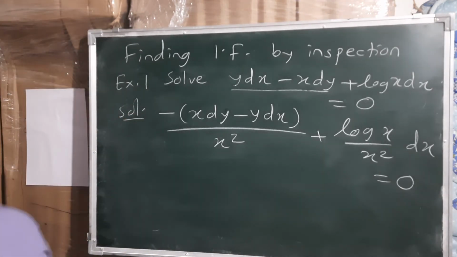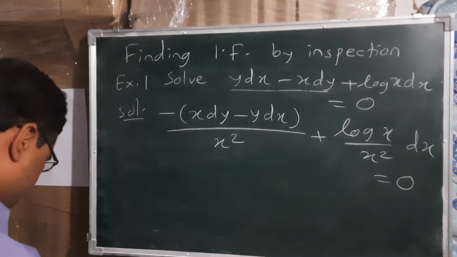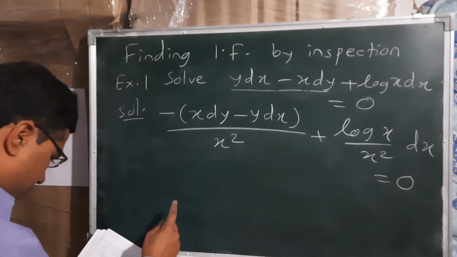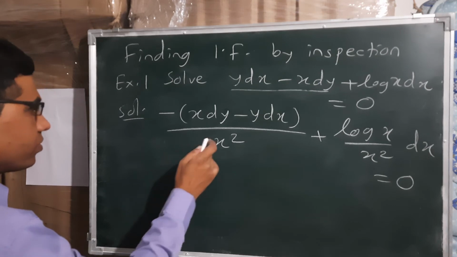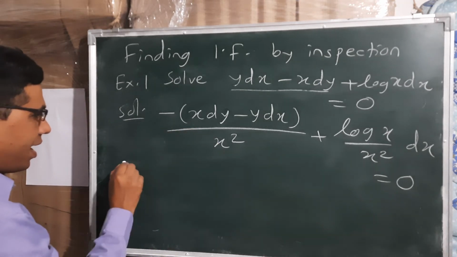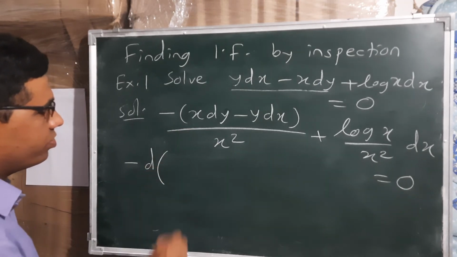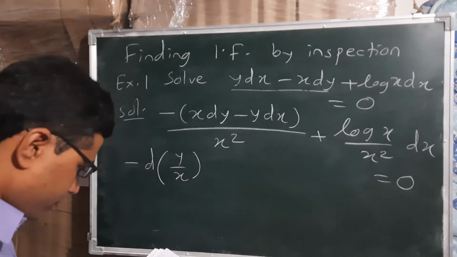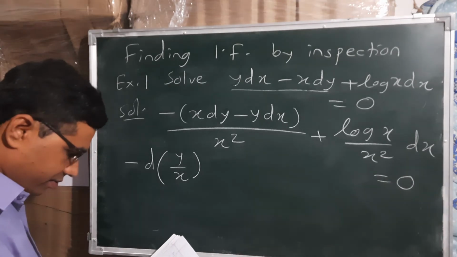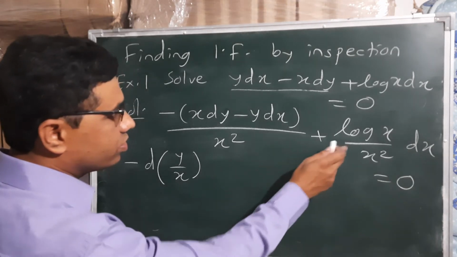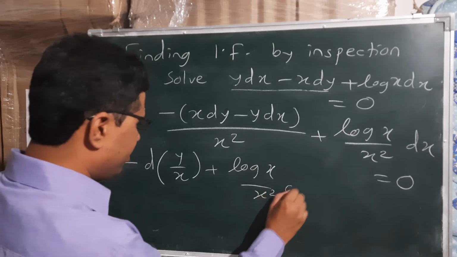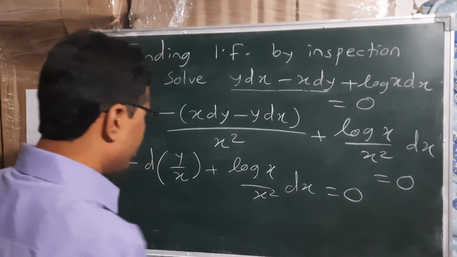And now we write this as minus d of y upon x, and this is log of x by x square dx equal to 0.